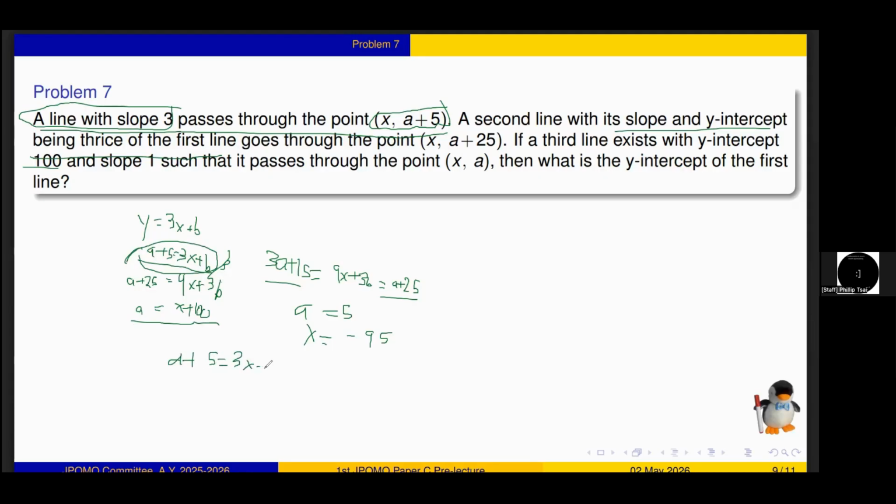We just solve for b directly, which is what we want. So we want the y-intercept of the first line, which is b. So we have a plus 5, which is 10, is equal to 3 times negative 95, which is negative 285, plus b. Or, in other words, b is equal to 295. And we can box it.